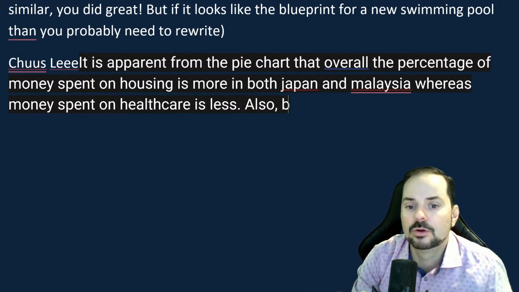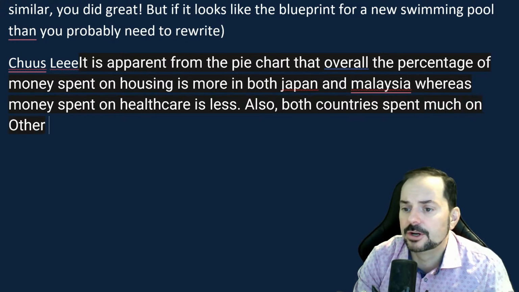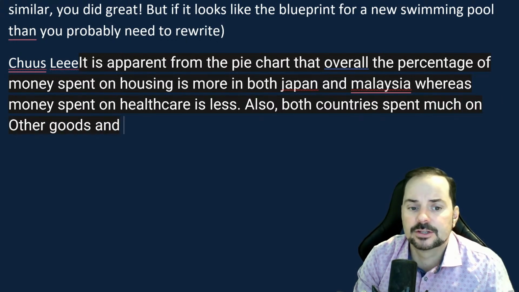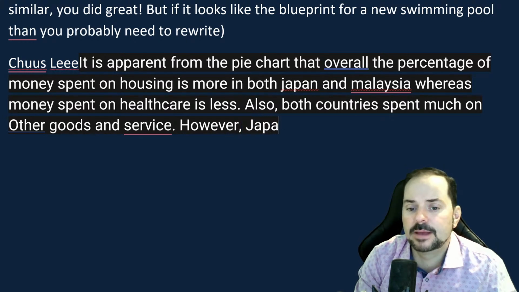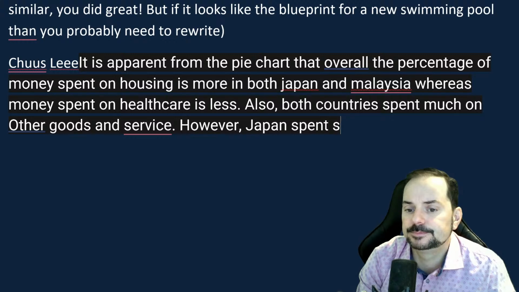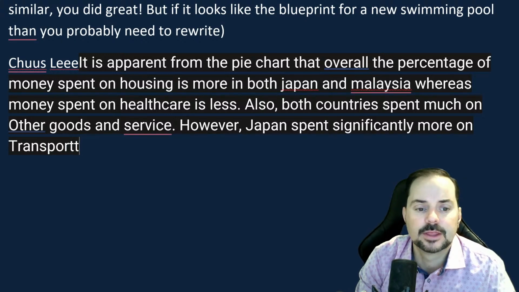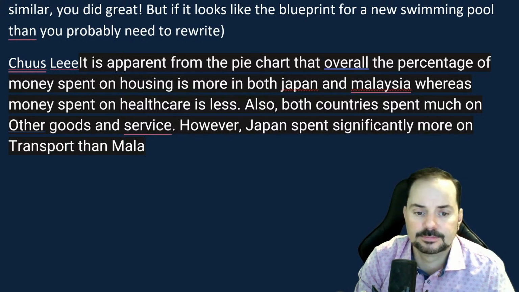So you're only describing a part of these pie charts in this overview, but it's a good start. So also, both countries spent much on other goods and services. However, Japan spent significantly more on transport than Malaysia.